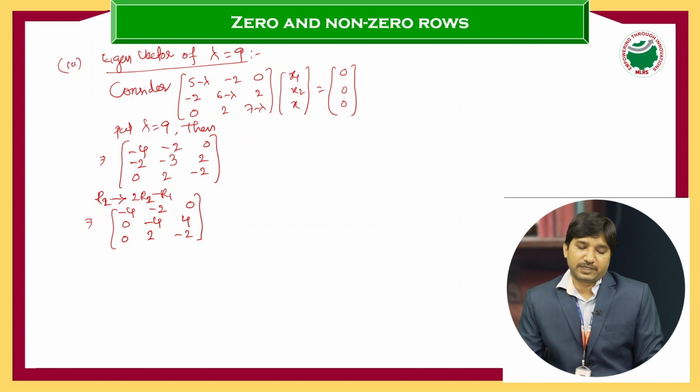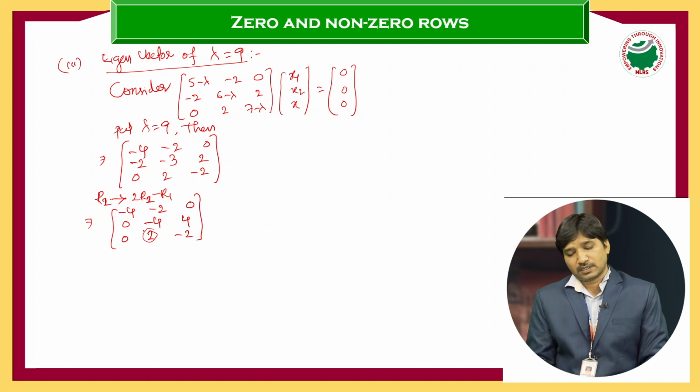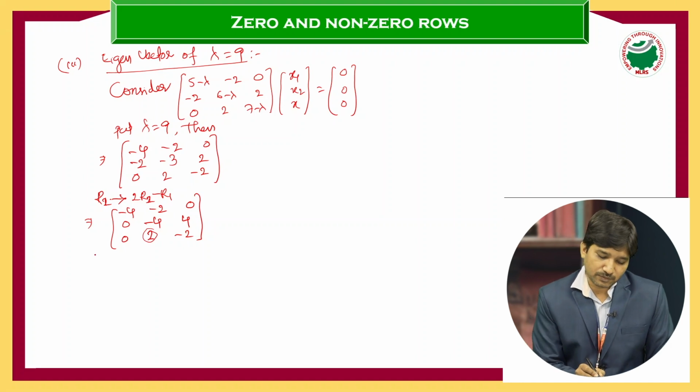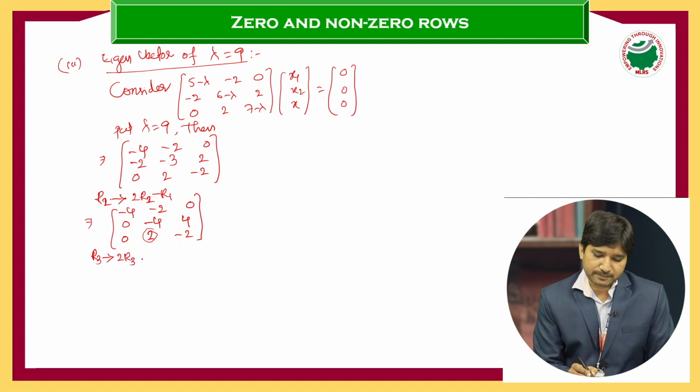Again applying a row transformation on R3, we make the 2 into 0: R3 implies 2R3 plus R2.